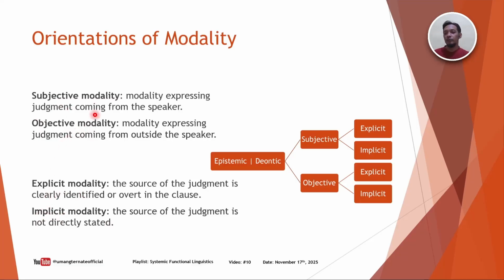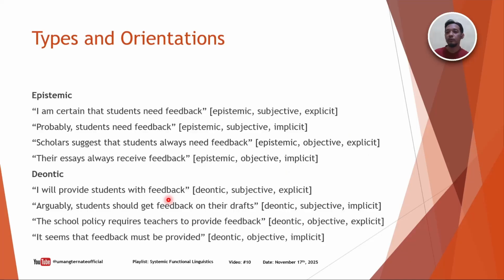In terms of the subjectivity of the modality, the modality can be either subjective or objective, depending on where the source of the modality comes from. And from the explicitness, the modality can be either explicit or implicit, depending on whether the source is identifiable clearly in the clause. Alright, we can look at these examples.